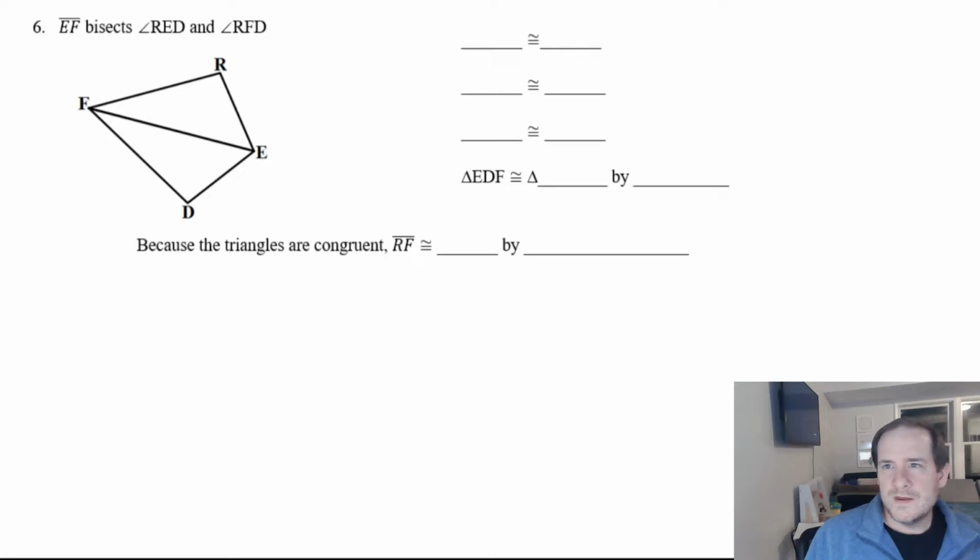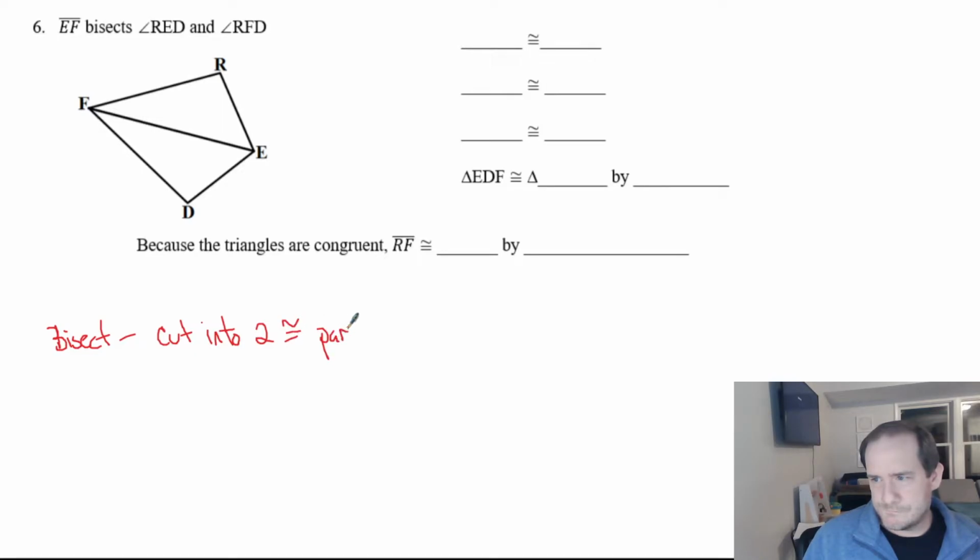Okay. So this one's a little tougher, because they're telling us EF bisects angle RED. For that, you have to remember what bisect means. In geometry class, bisect means cut into two congruent parts. So you can bisect two different things. You can bisect a line segment.